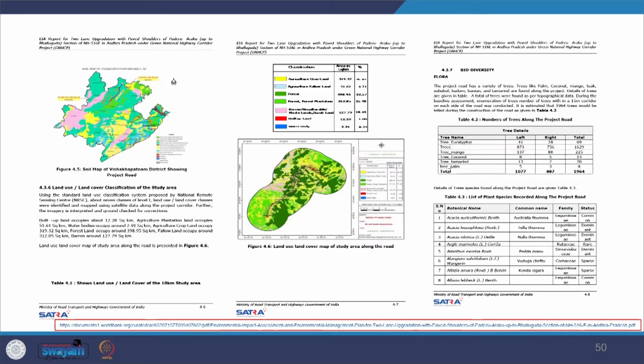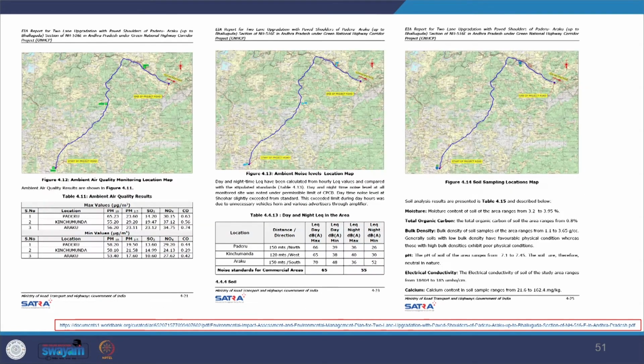You can see the land use and biodiversity, which you have already studied. Then look at the ambient air quality, ambient noise level, and the soil sampling. All those intensive detailed studies are here. I have given you the link, so you can download that and flip through the report.